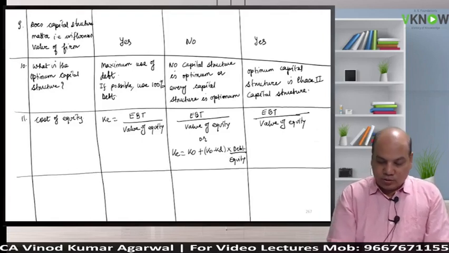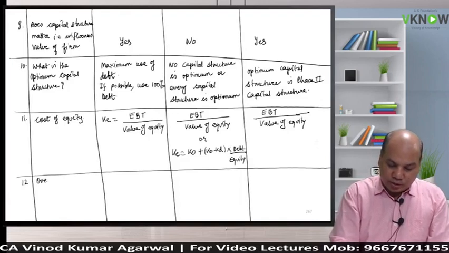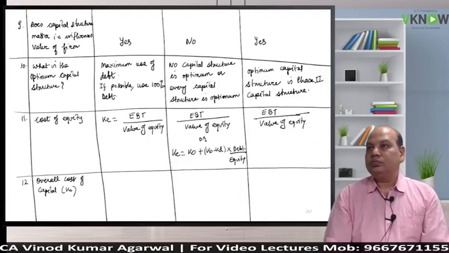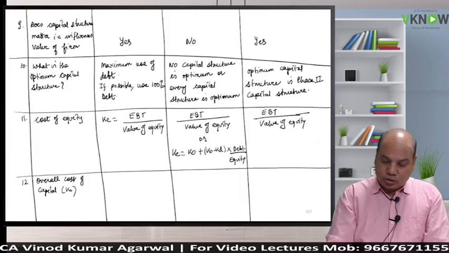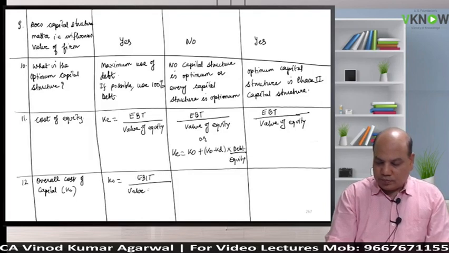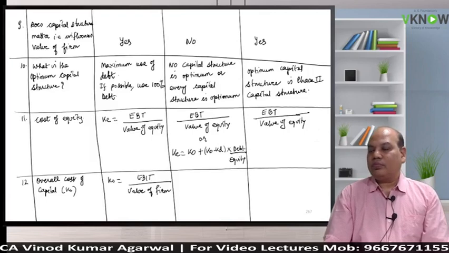And how will you calculate overall cost of capital, KO? So, KO will be equal to EBIT upon value of firm under net income approach. We are revising the chapter capital structure.